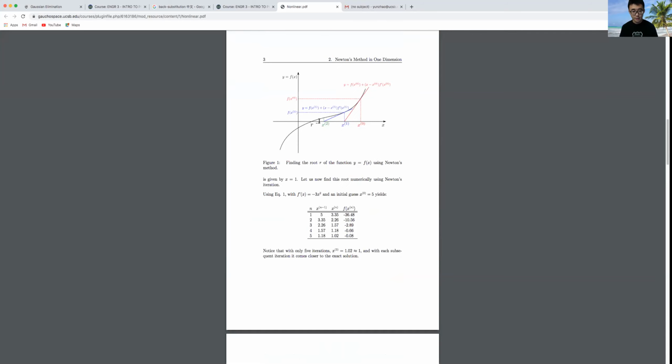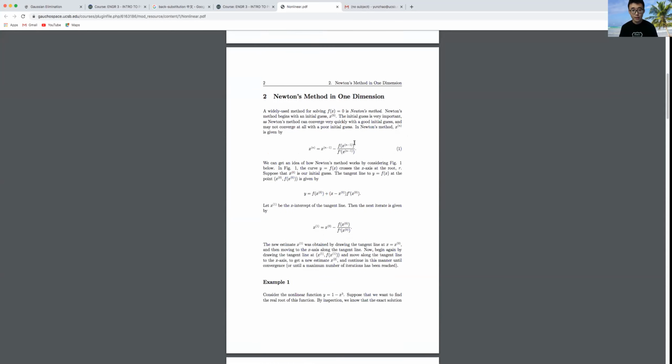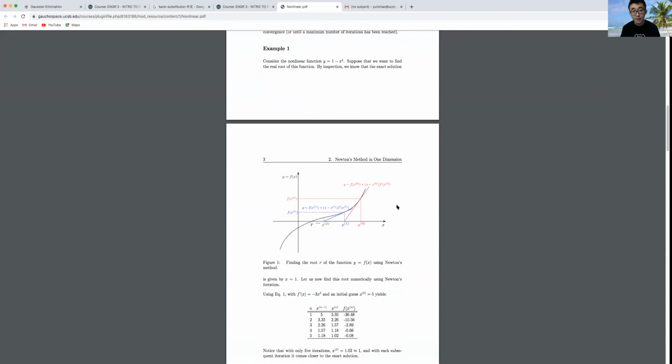And let's look at this example, because we will start from one dimension because it's straightforward and it's easier to visualize. So let's say we have a function like this, y equals f(x), and obviously it's nonlinear, right?